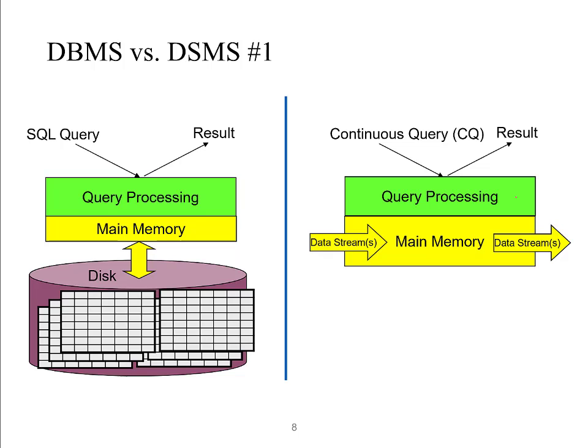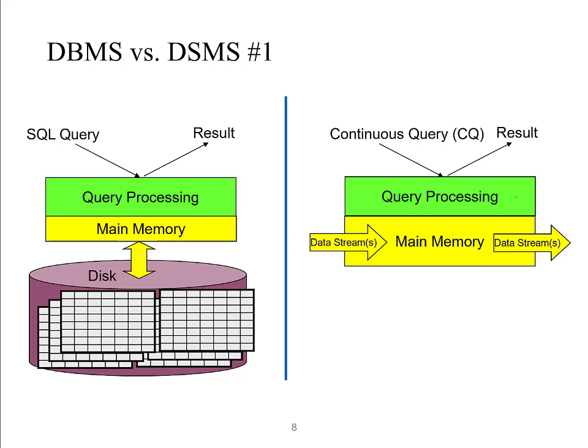We will have a quick look at them. Hopefully it will give you a better understanding of the characteristics of DSMS and also the challenges of DSMS. And then we will see some more concrete questions.